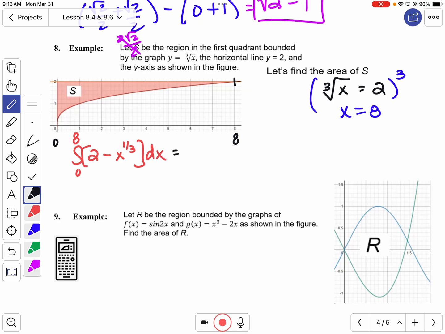Get your antiderivatives. What's your exponent going to be? 4/3. What's your coefficient going to be? 3/4. Good news, there's a 0 in there, so we're only going to have to worry about putting in that 8.